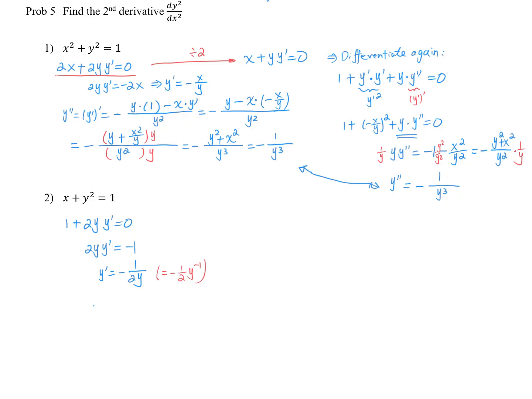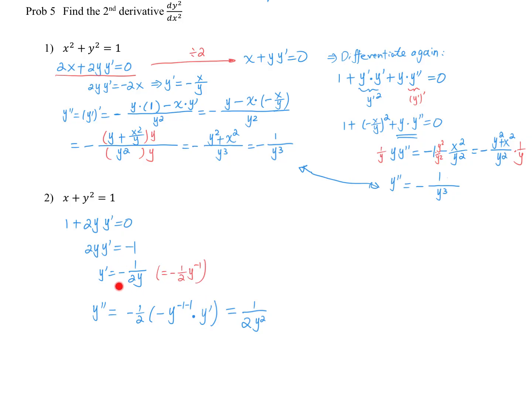Okay, so the second derivative will be the derivative of the first derivative. So it's going to be negative 1/2 times negative y to the, we have to subtract 1 from the power, times, since the chain rule is used, the derivative of y. And therefore this is equal to, the negative sign becomes positive, so 1 over 2, and this is y to the negative 2, which means 1 over y squared, times y prime.